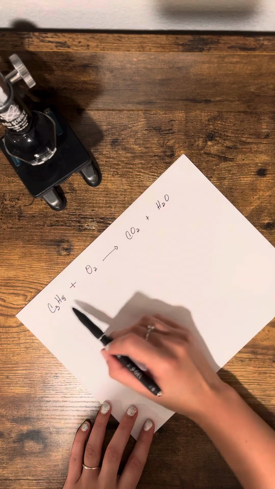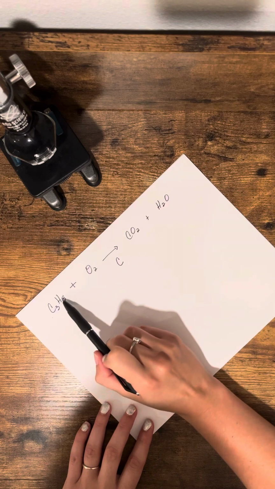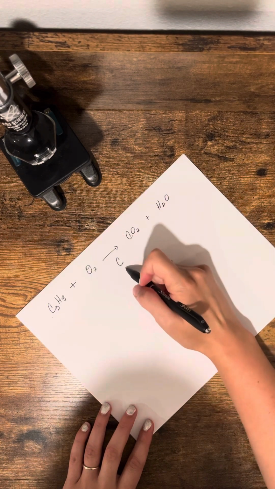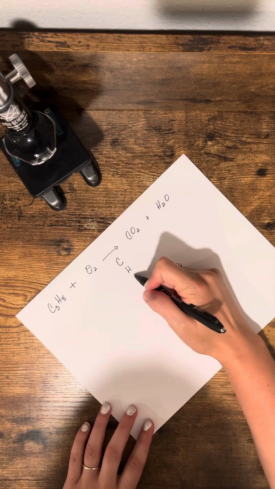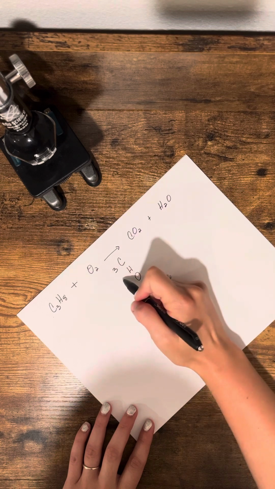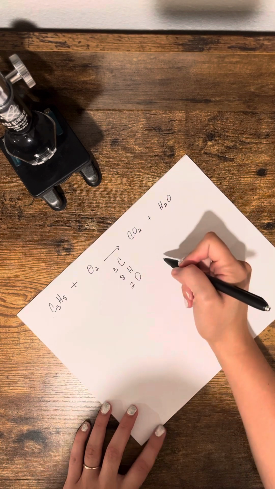All right, so in this question, we're going to start by once again listing all of our individual elements that are here. So that is carbon, hydrogen, and oxygen. We have 3 carbons on the reactant side, 8 hydrogens and 2 oxygens.